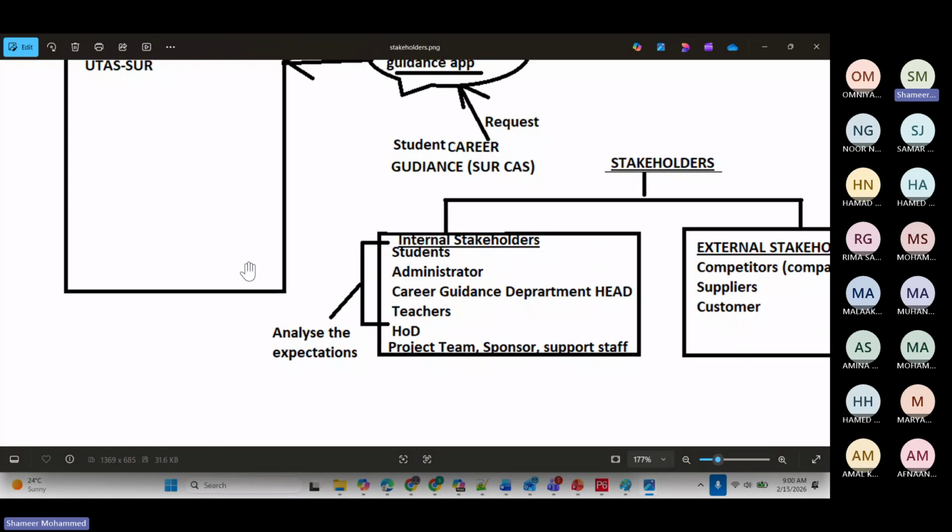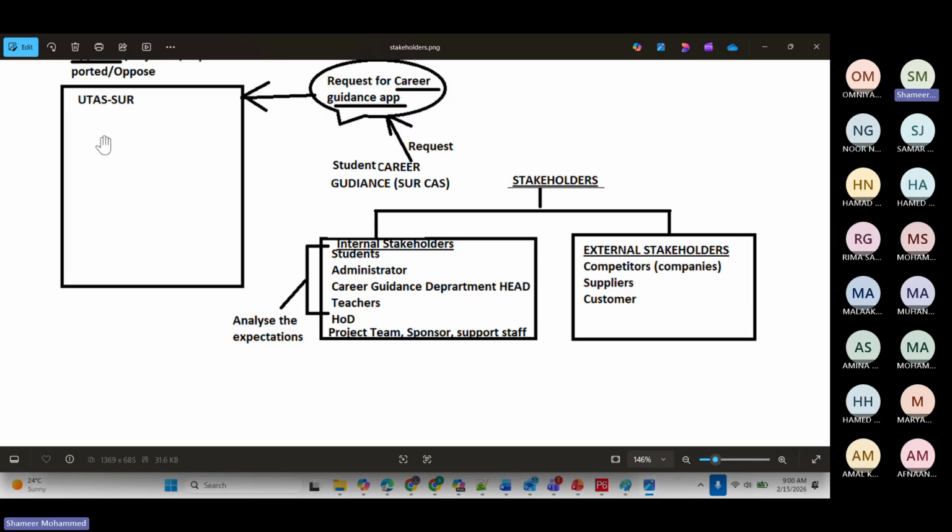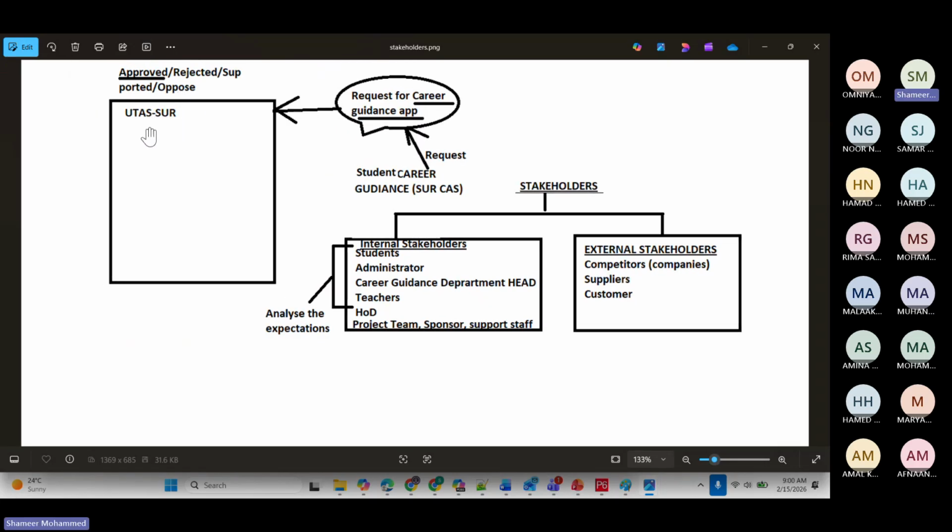Now see, these are some types of stakeholders. They want to design some SIMS application. So for this one you have one lecture, stakeholder management, right? So internal, external, two types.